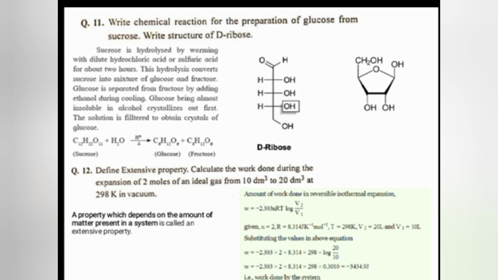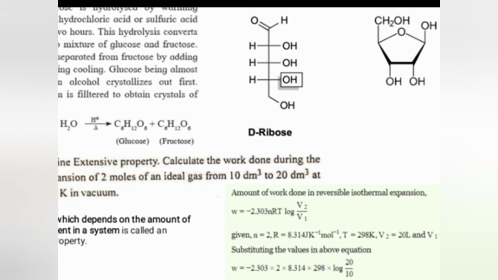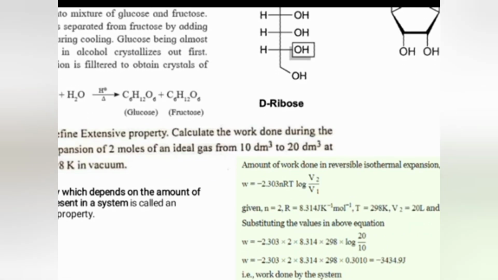One more attached question. They are asking about the work done for 2 moles of an ideal gas expanding from 10 decimeter cube to 20 decimeter cube in a vacuum at 298 Kelvin. So, the maximum work done with variable volume: W equals minus 2.303 nRT log of V2 upon V1. n is the number of moles, R is the gas constant, T is the temperature, and the volume changes from V1 equals 10 decimeter cube to V2 equals 20 decimeter cube.